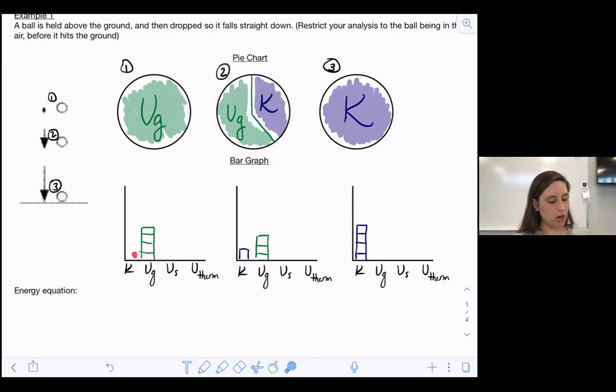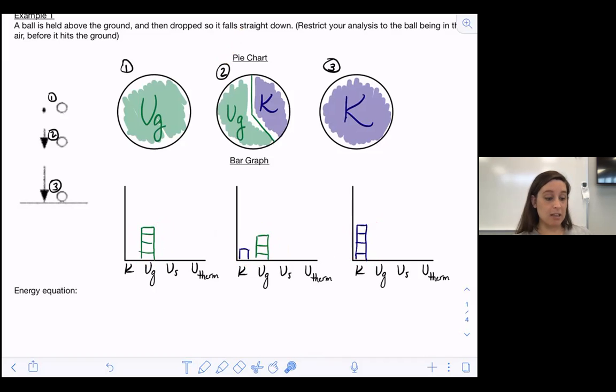Whereas with a bar chart, we have to make sure that we are keeping the same number of boxes on our chart throughout the different snapshots. So I had 4 boxes and I've got to make sure that I have 4 boxes on all of these graphs. So it's a little bit more bookkeeping than a pie chart.